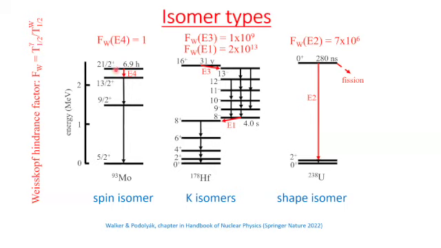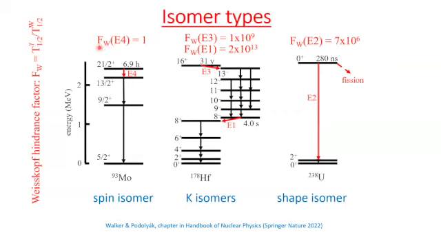So here, in this spin isomer, this is forced to decay by at least E4 radiation, because all the states below it are of much lower angular momentum. But if you work out the Weisskopf hindrance factor, it's about unity. So spin isomers are characterized by radiation strengths of very approximately 1 Weisskopf unit, whereas for K isomers you find that the decays are very inhibited.